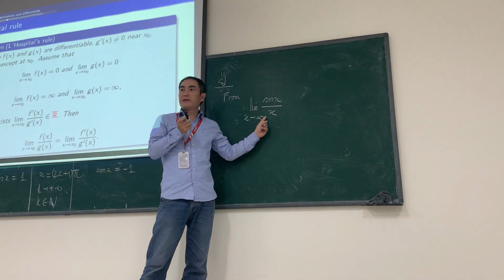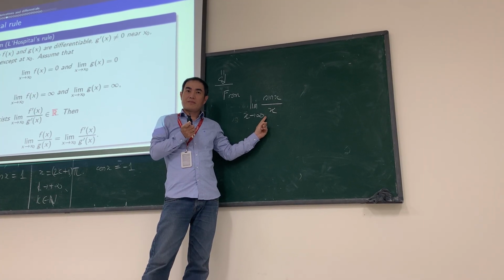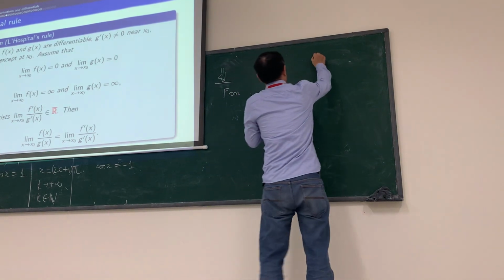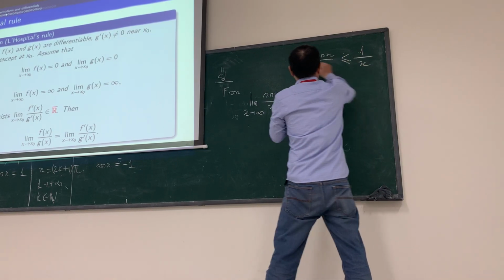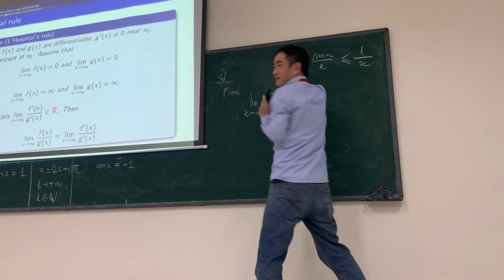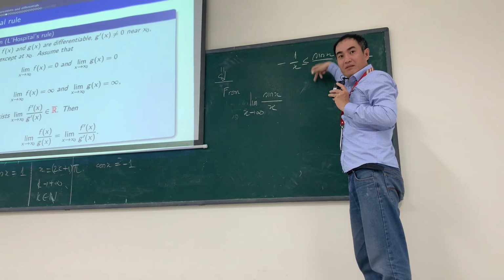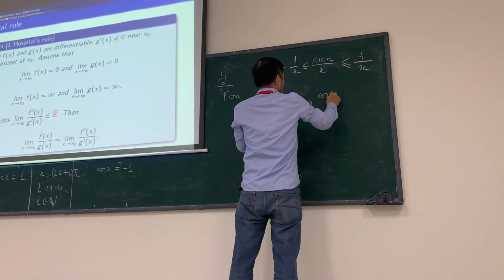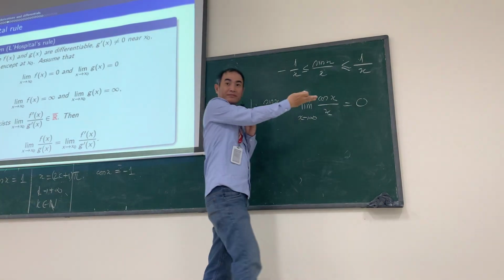What value do you think it has? Zero. You can see that sin x over x is always less than 1 over x and greater than -1 over x. So as x tends to infinity, the limit is 0. Similarly, the limit of cosine x over x as x tends to infinity is 0.